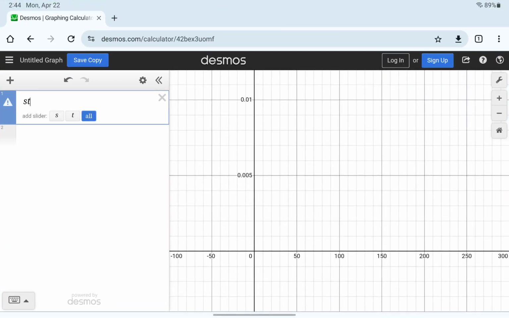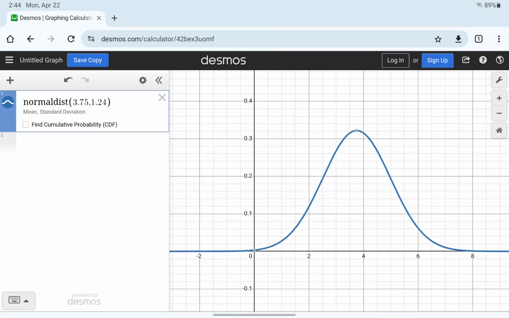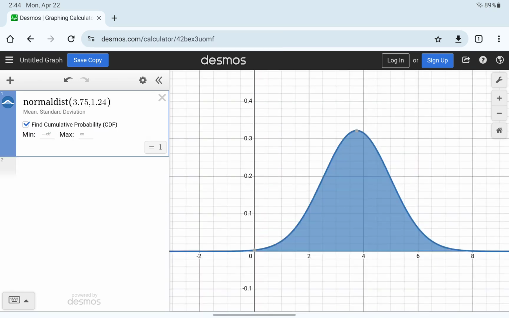In Desmos then, we'll enter normal dist, short for distribution, with a mean of 3.75, standard deviation of 1.24. Click the magnifying glass to get our better picture, and then we'll enter in this case a minimum value of 4.